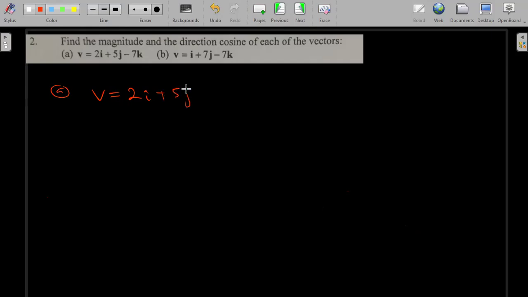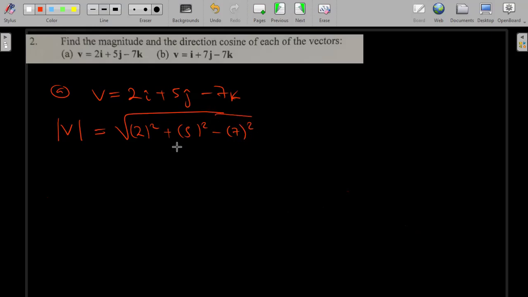plus 5j minus 7k. So here, to find the magnitude, we just say magnitude is equal to the square root, then I square each and every component here. So I'll just have 2 squared plus 5 squared, then minus 7 squared there. So when I square everything here, I just end up with 4 plus 25, then, oh, this is plus.